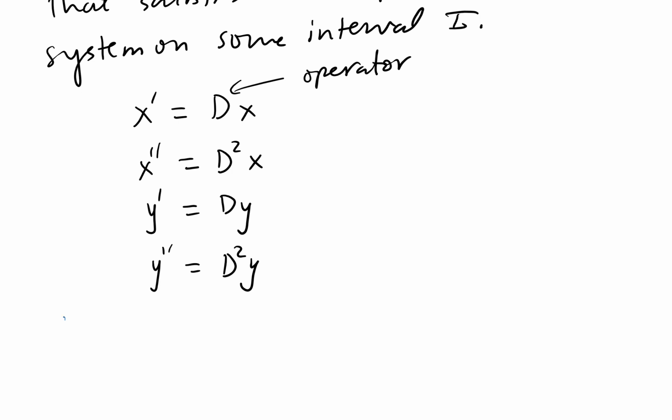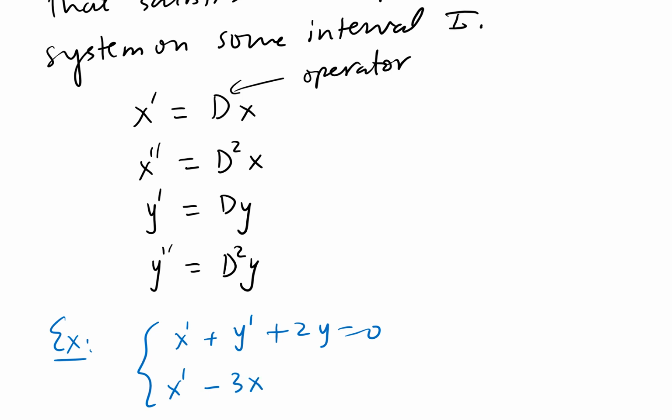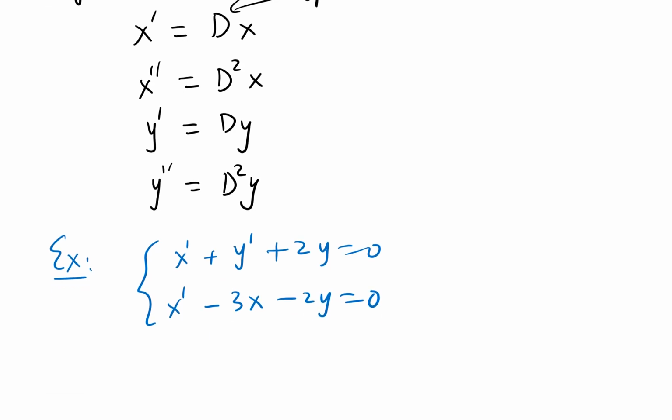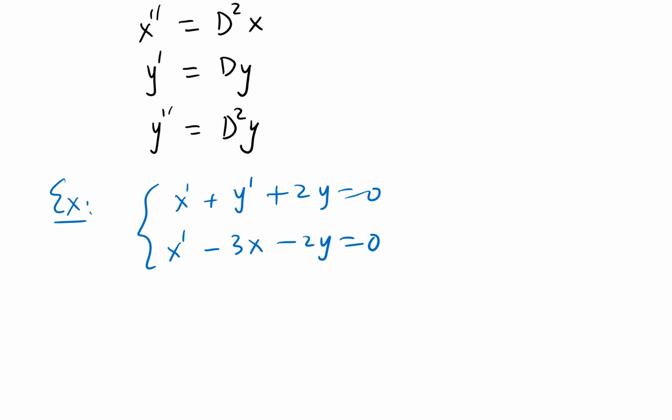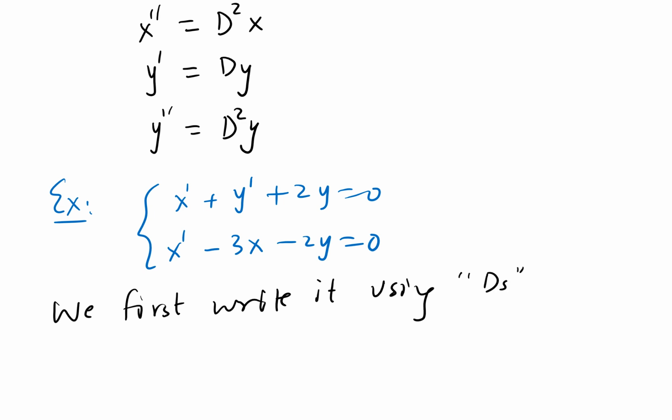To solve a system of differential equations, let's look at an example: x prime plus y prime plus 2y equals 0, and x prime minus 3x minus 2y equals 0. What we need to do first is write it using the D's.